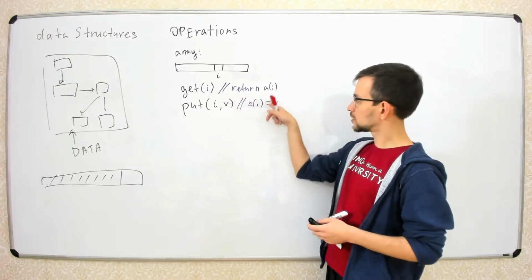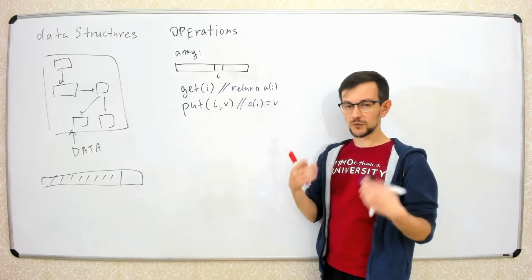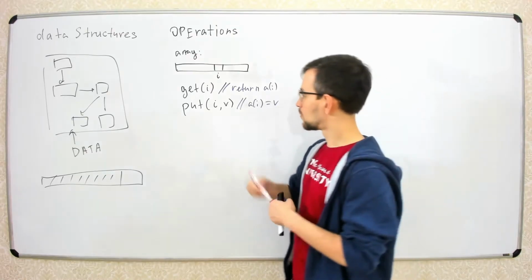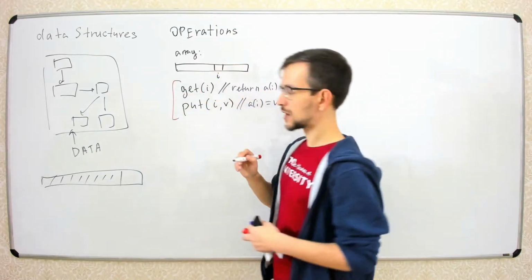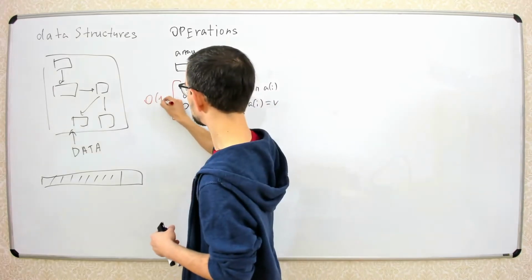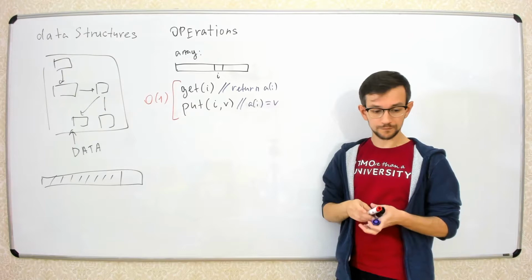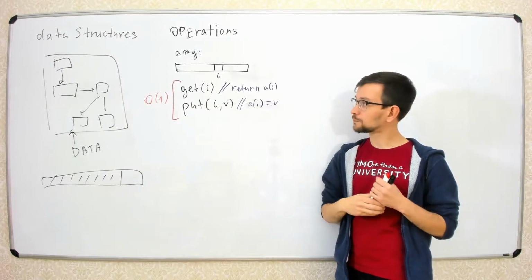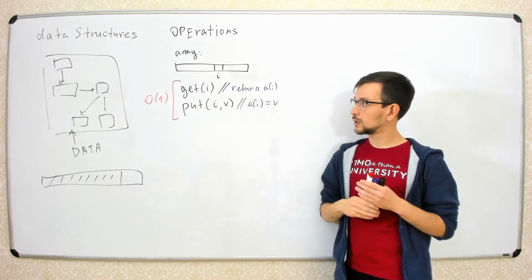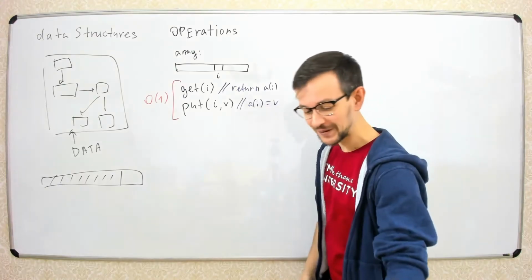And each operation is performed in constant time. So for both of these operations, the time complexity is big O of 1. That's all. That's the first data structure we showed.